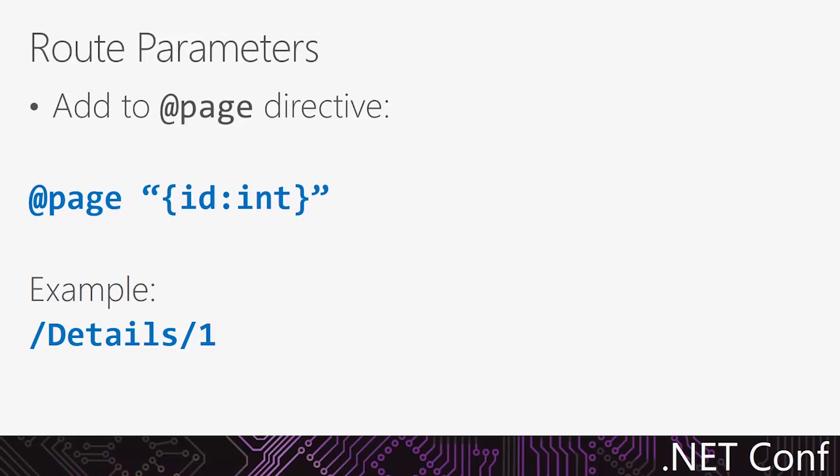Note that when you use a route constraint like int, you will get a 404 if a non-matching route is passed. So if I had instead /details/Steve, well, Steve being a string would not match the constrained id:int route, and so that would not match this page. If it didn't match any page or other route, it would then result in a 404.